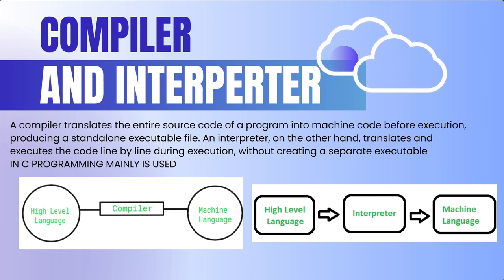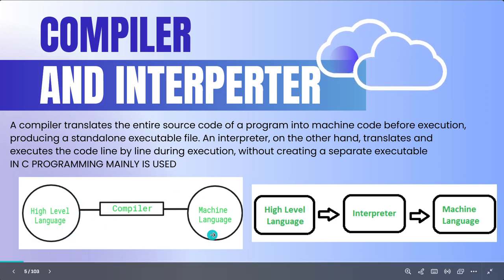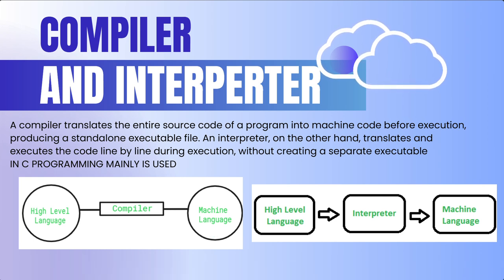When the whole high level language is converted to machine level language at once, that is done with the help of a compiler. An interpreter does the same thing: it converts the high level language to machine level language, but it converts it line by line. Every line it keeps on checking, whether it is incorrect or correct.